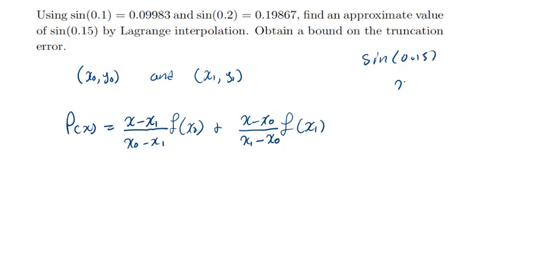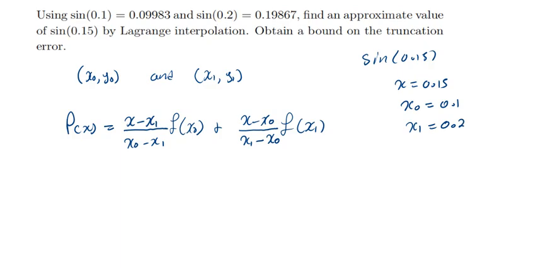So clearly your x is equal to 0.15. Then your x naught is your 0.1, which is this one here. Then your x sub 1 is equal to 0.2, which is this one.